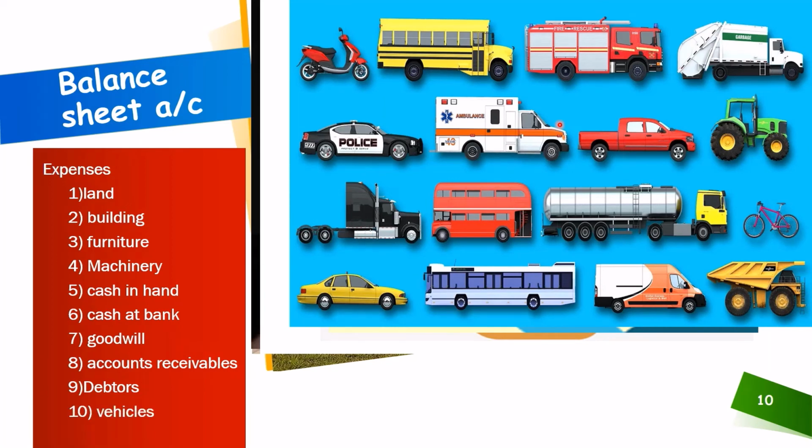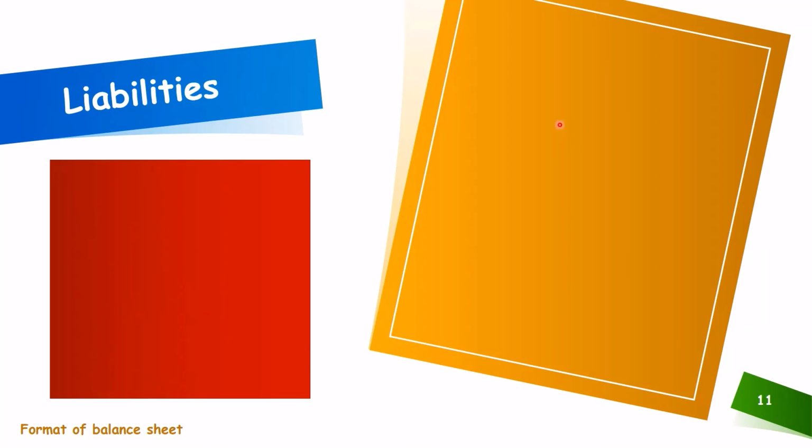And all vehicles we treat as assets. So in assets: land, building, furniture, machinery, cash in hand, cash at bank, goodwill, accounts receivables, debtors and vehicles all come under the assets. Actually, the assets are classified into current assets and fixed assets. We'll learn this part in the next videos.